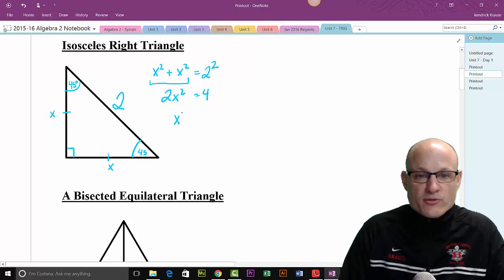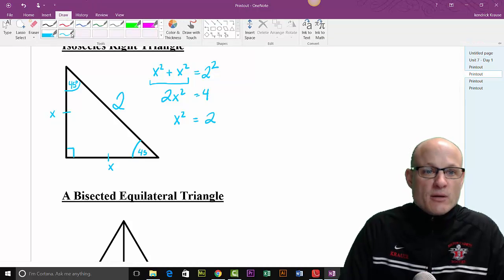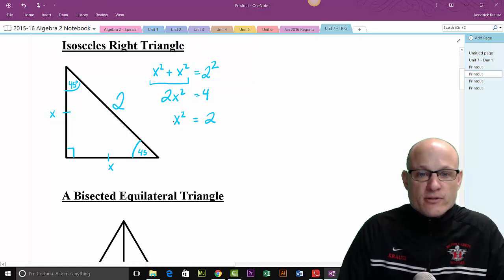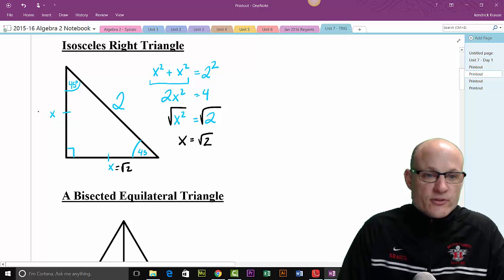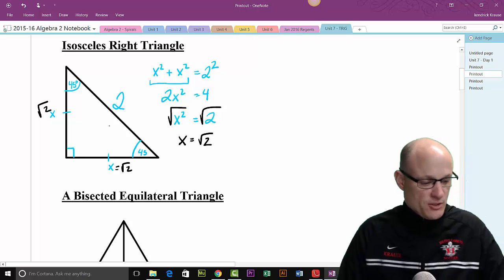When you divide both sides by 2, you get x squared is equal to 2. Then you take the square root of both sides, and you get that x is equal to the square root of 2. So this is equal to the square root of 2, and this is equal to the square root of 2.